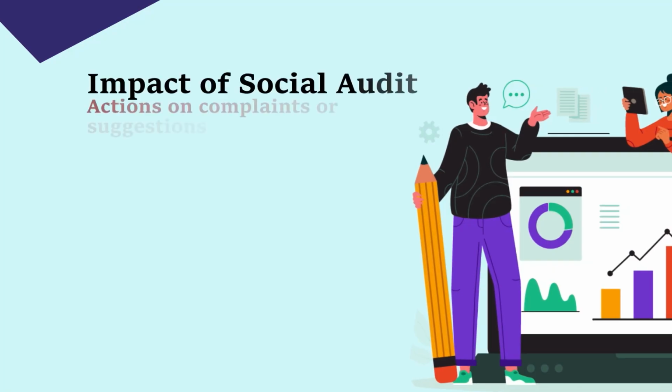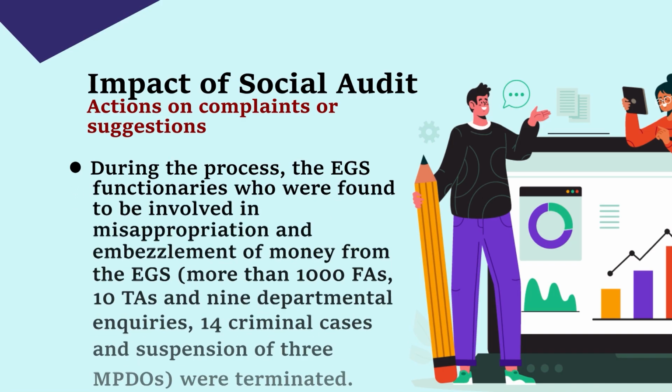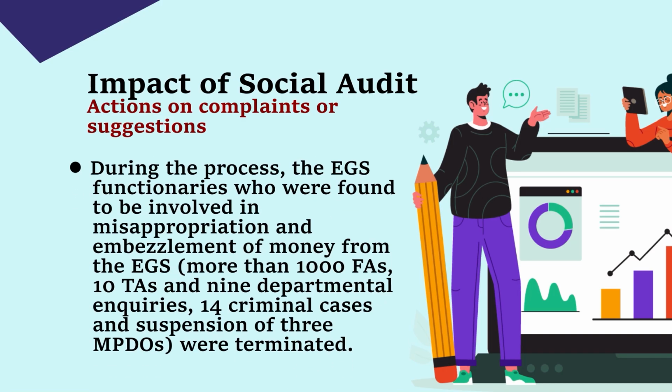What is the impact of social audit? After the process of social audit, misappropriated money of more than 1 crore 25 lakhs was recovered. EGS functionaries who were found to be involved in misappropriation and embezzlement of money from the EGS were terminated.